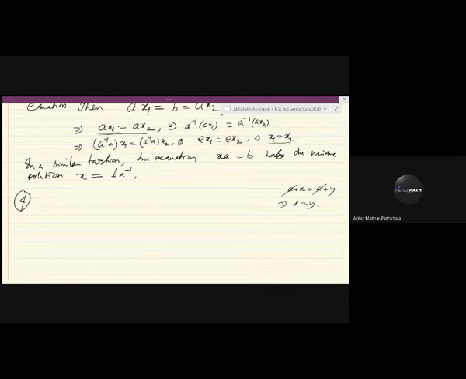So the cancellation law is an important one. That is, for A, B, C belonging to G, AB equal to AC implies B equal to C, and this one is called left cancellation.